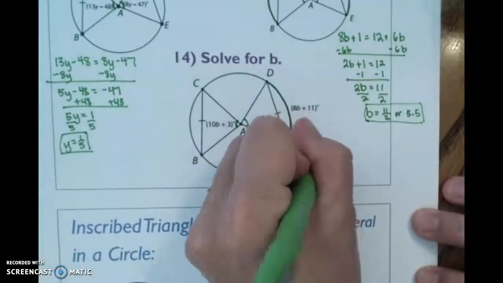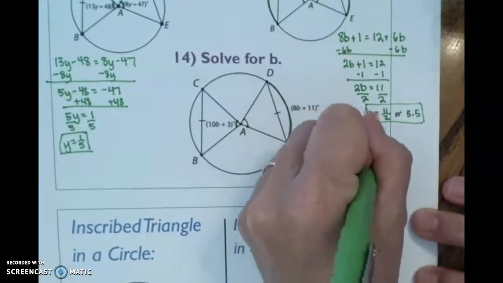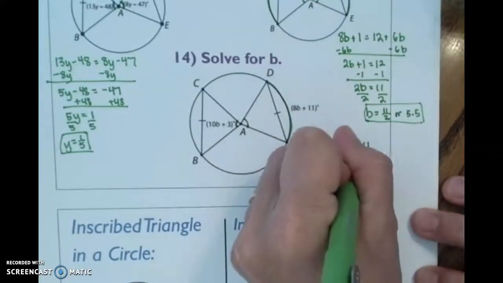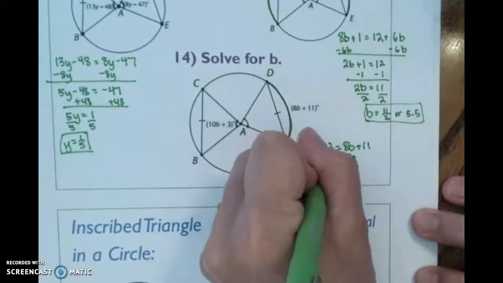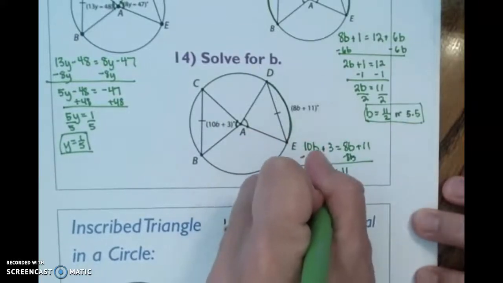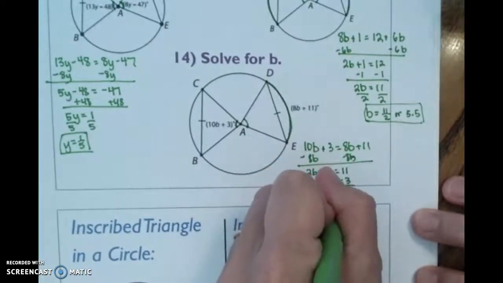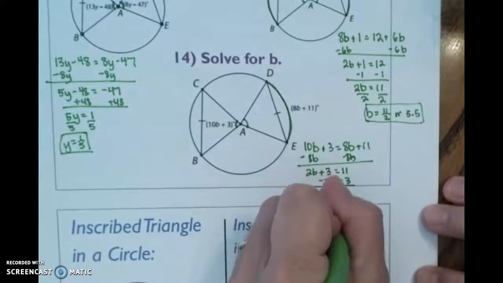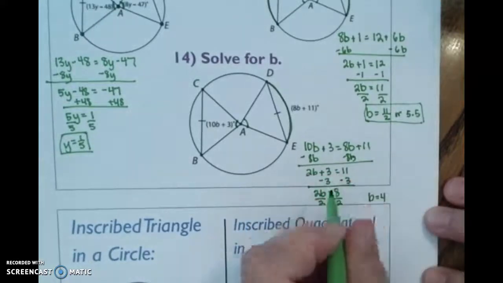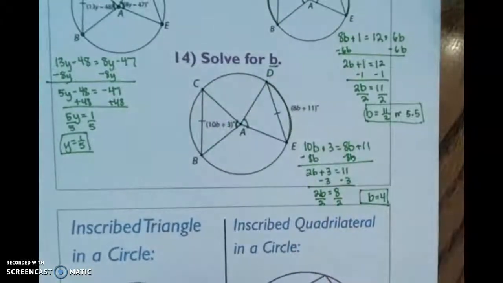So 10b plus 3 equals 8b plus 11. We would subtract 8b. Subtract 3. So we're going to get 2b equals 8, divide by 2, and we get that b is 4. And that's what it asks us to solve for, so you're finished.